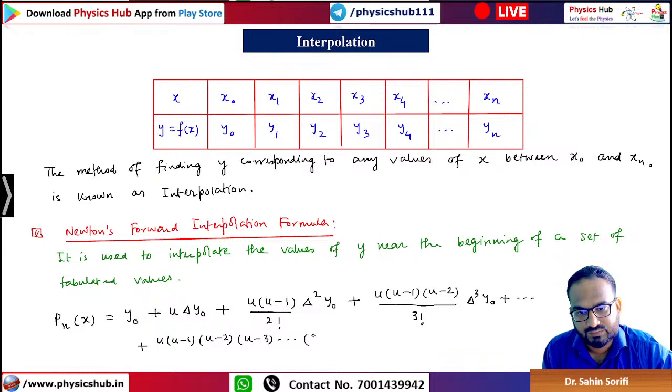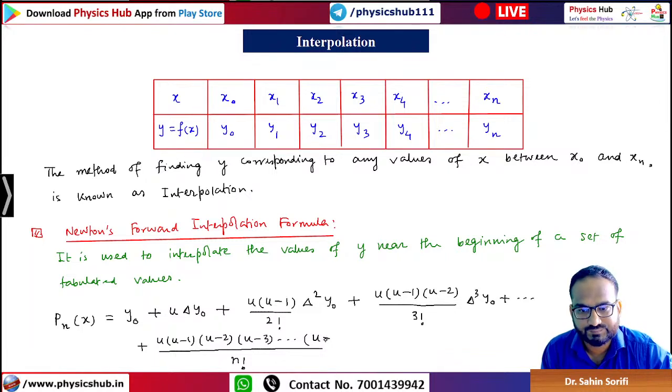Look here in the denominator, what will come? If I am writing the nth term, then n factorial will come. See here u by 1 factorial, 2 factorial. So if I write n factorial, obviously the last factor will be u minus (n minus 1).